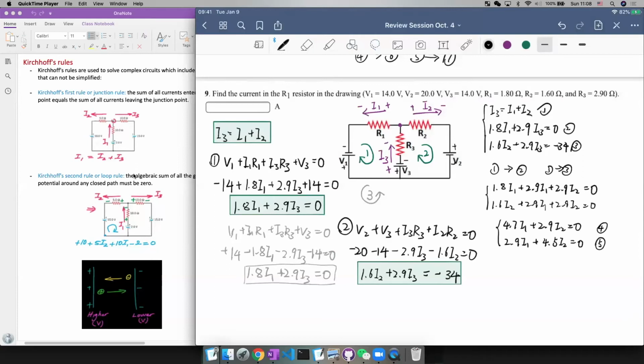Yes, now we have equation 4 and equation 5. Only two unknown variables left. We're going to derive R2. So we can use equation 4. We have R2 equals negative 4.7 I1 over 2.9.